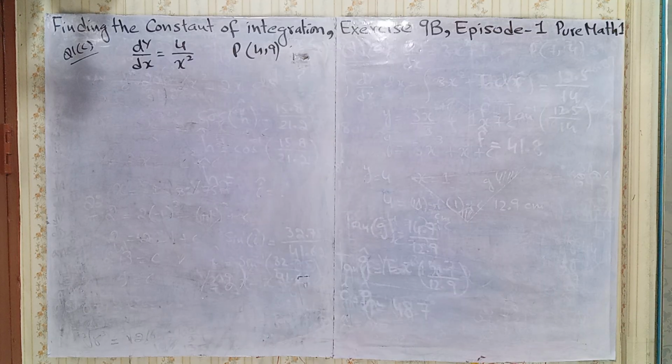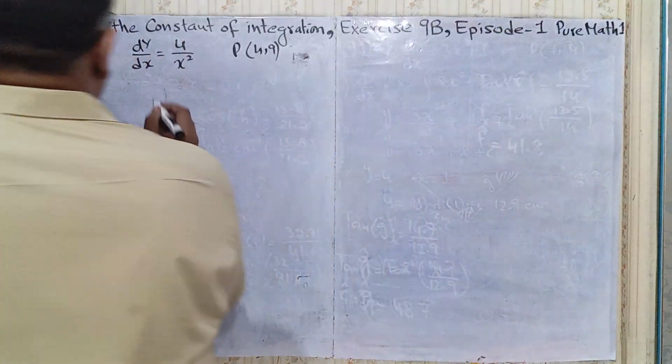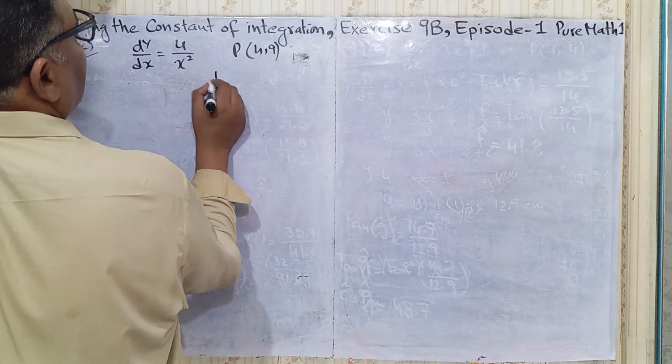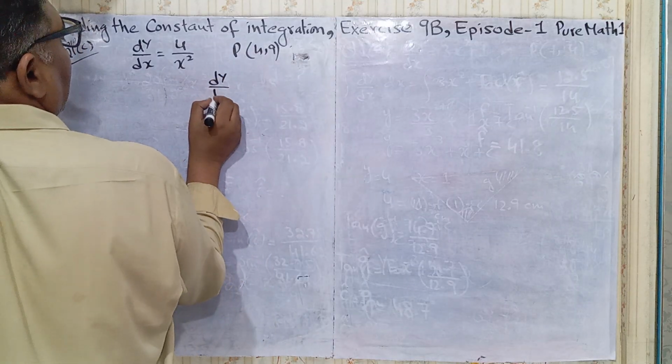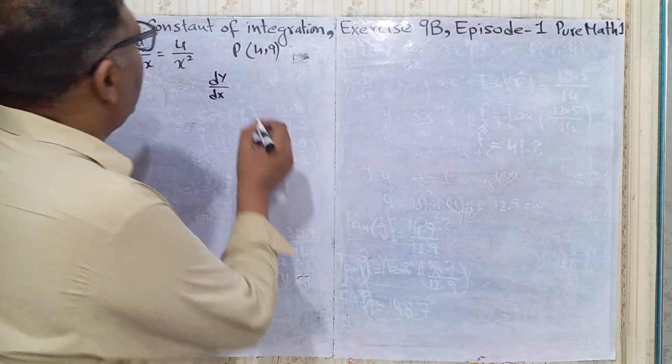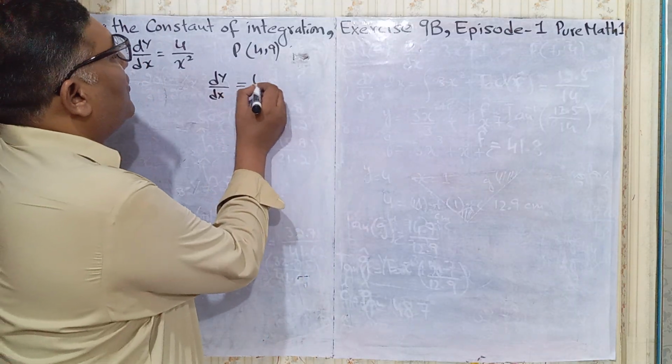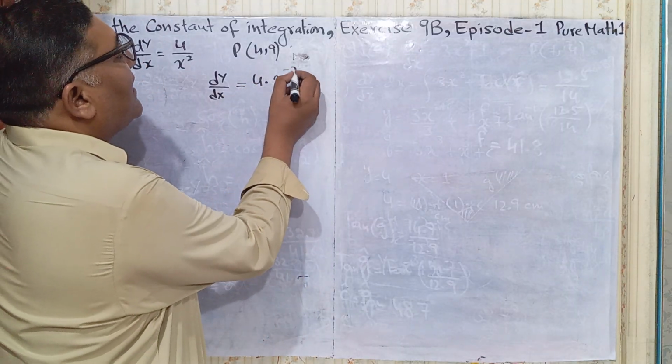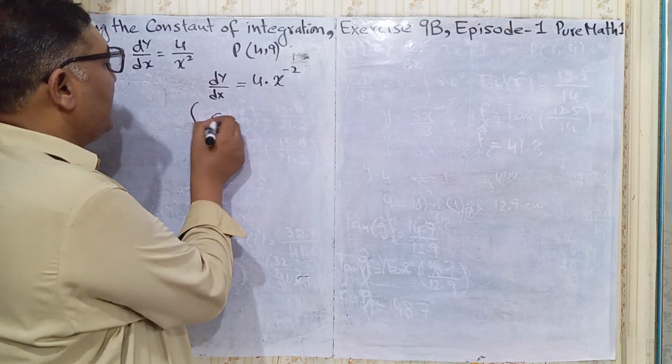Okay, so first of all I will integrate. I will bring this x square upstairs first of all, so I make it a simpler form. So this is dy by dx is equals to 4 into x raised to power minus 2. Okay, now I will take integration on both the sides.